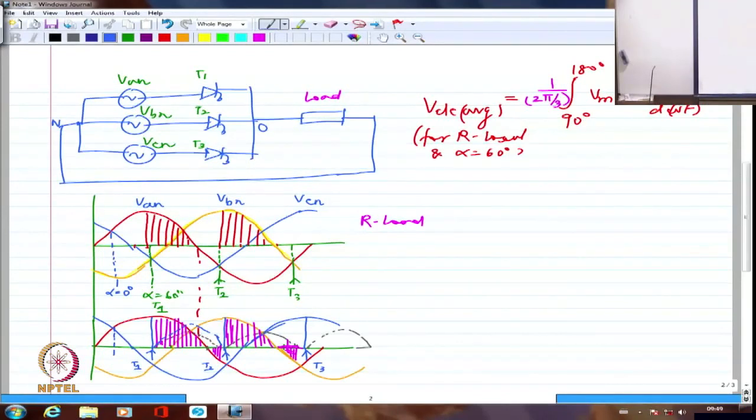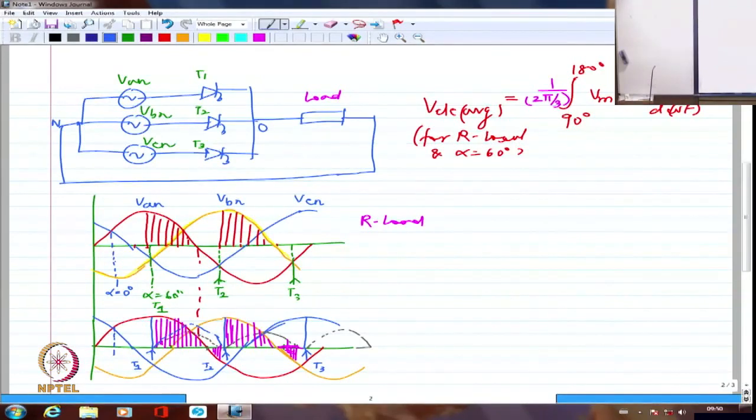In which case, I will not have a zero point at all in the current. The current is going to be always non-zero. If I have a larger inductance, the negative portion of the voltage would come up until here. Again it would jump to positive, then again negative, positive, negative and so on.